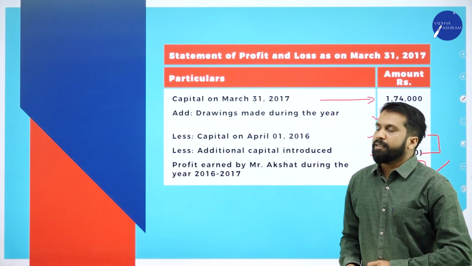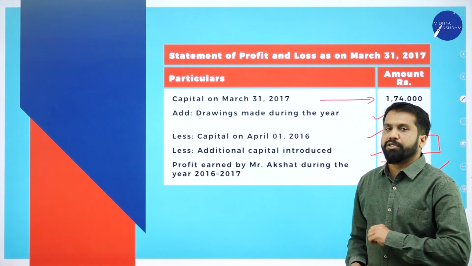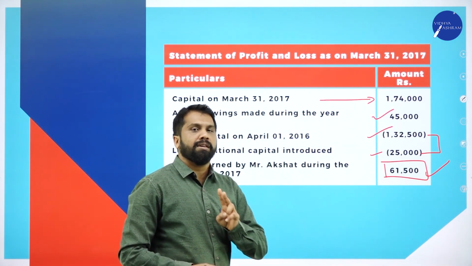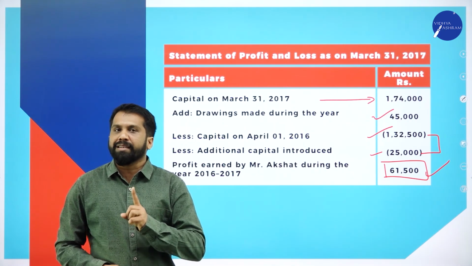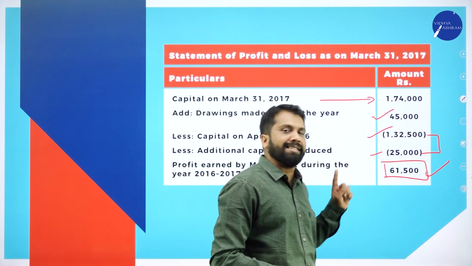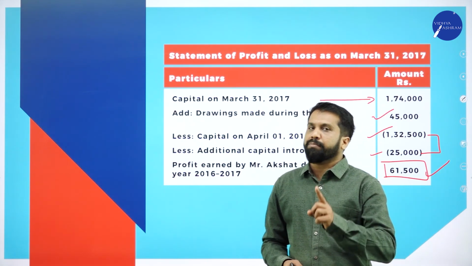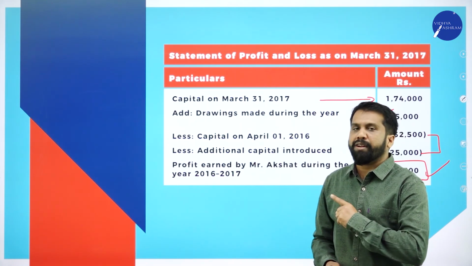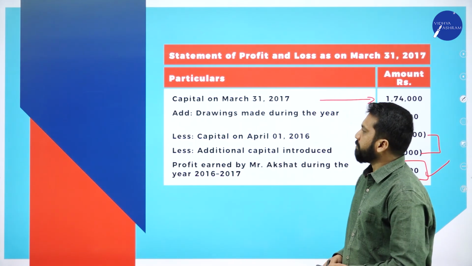Clear? So this will be your 6-mark question. They will not give you many adjustments like 2 years and all. They will give you only 1 year. Why? Because for 6 marks, you will not get this much. You will get only one statement of affairs and one profit and loss account.